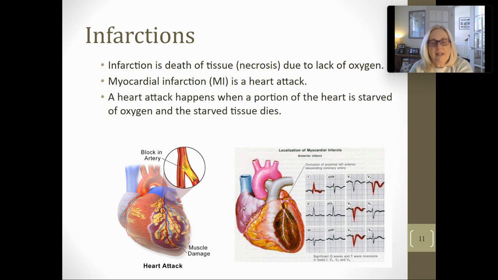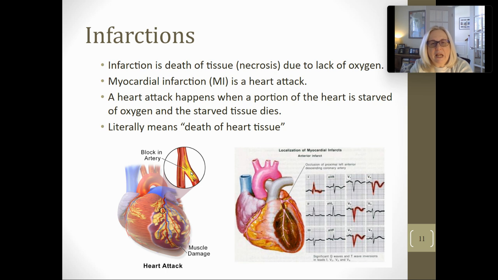Okay. So a heart attack happens when a portion of the heart does not receive oxygen, and that part of the heart muscle actually dies, called necrosis. Okay. It actually dies. So a myocardial infarction literally means death of heart tissue. Okay. You can see the pictures down here are showing a blocked artery.